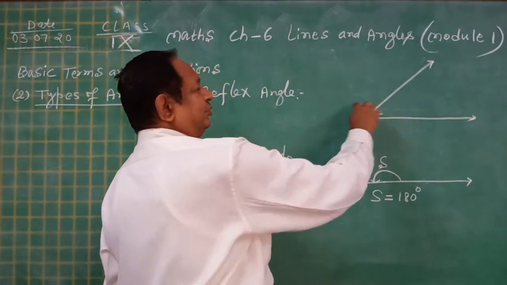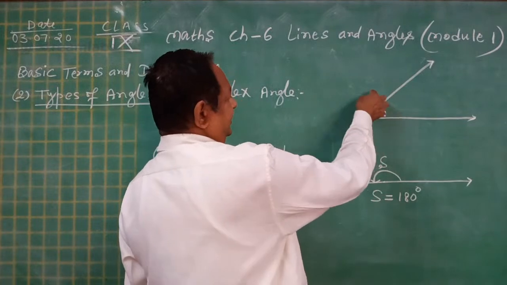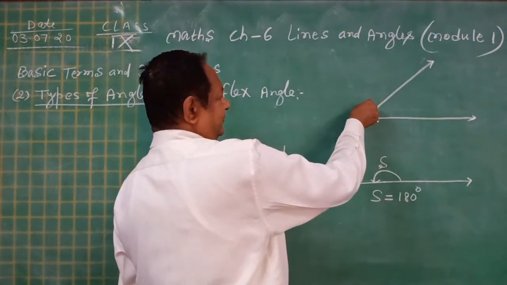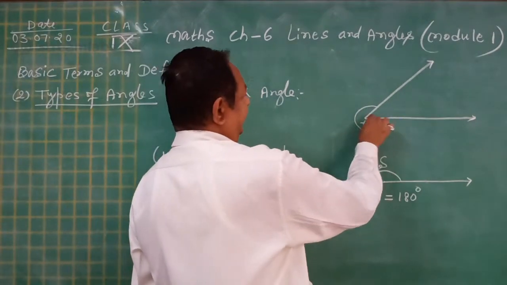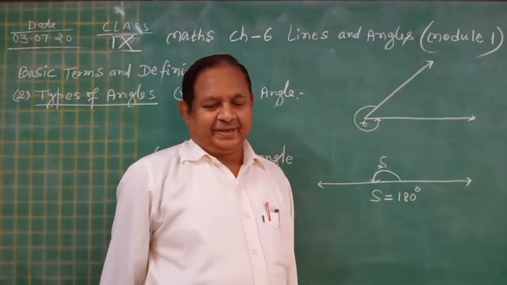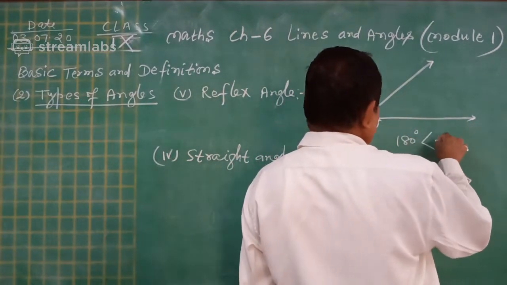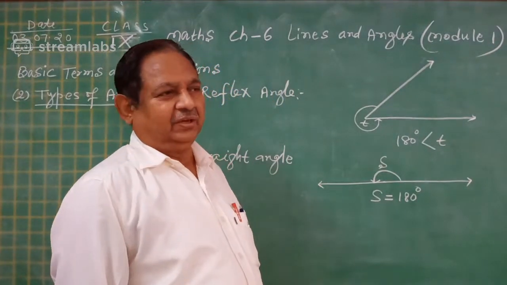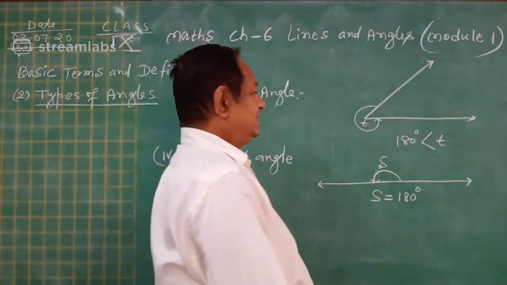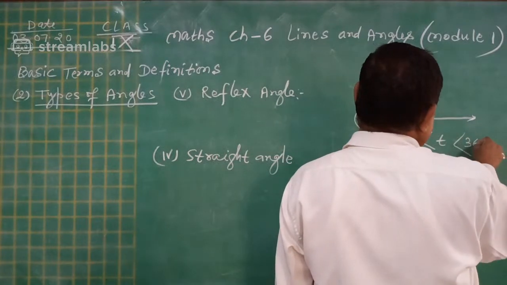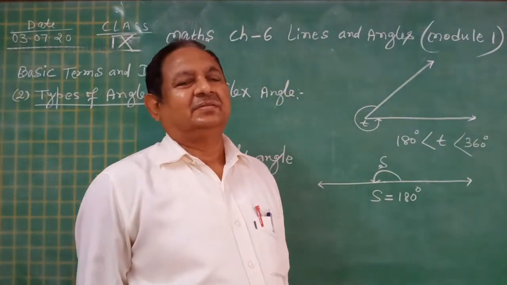This angle is an acute angle. So if we subtract this angle from 360 degree, then this is a reflex angle. Say angle T. So when angle T is greater than 180 degree but less than 360 degree, such type of angles are called reflex angle.